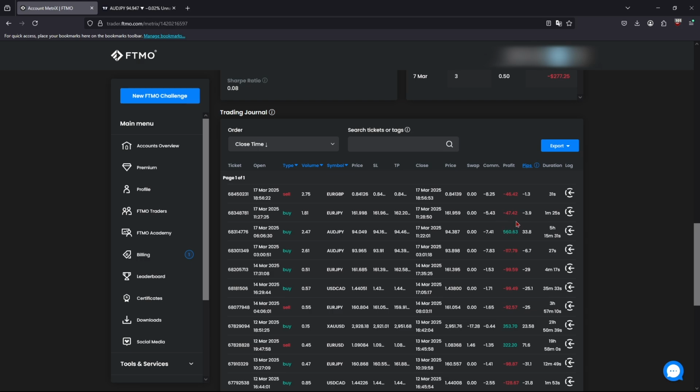The moment my stop loss got taken out, the market actually moved in the direction I wanted, which I should have earned a minimum 1 to 3 risk reward ratio.